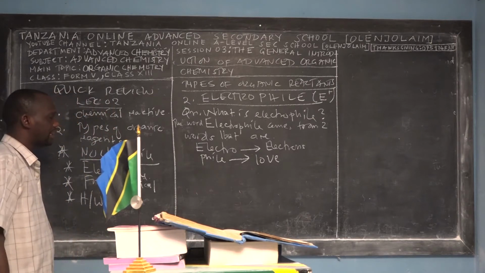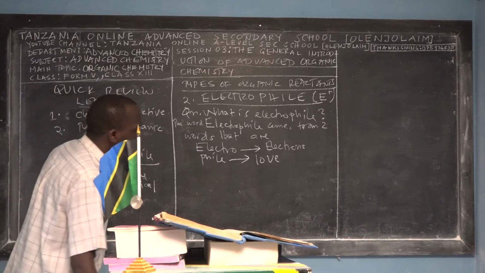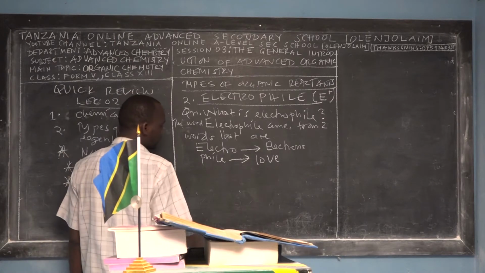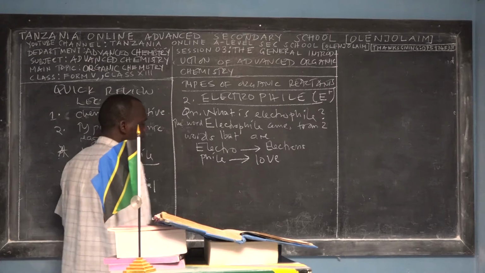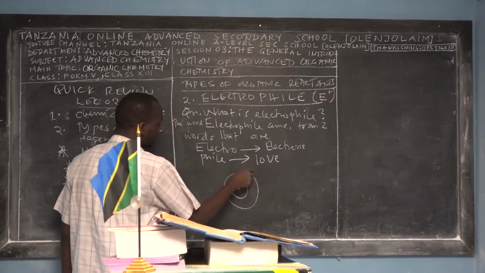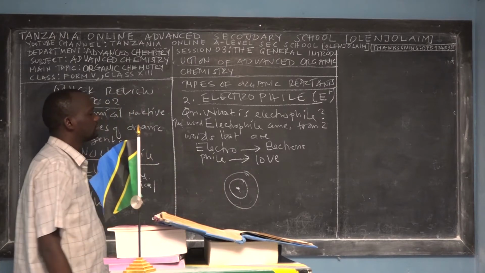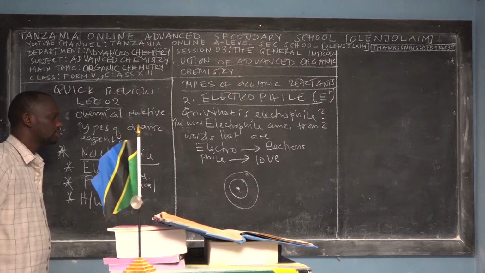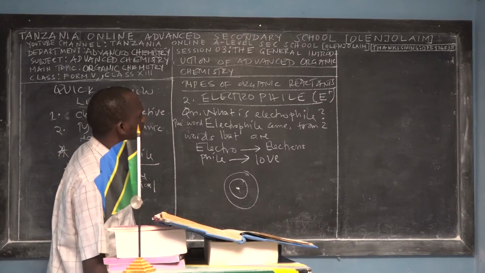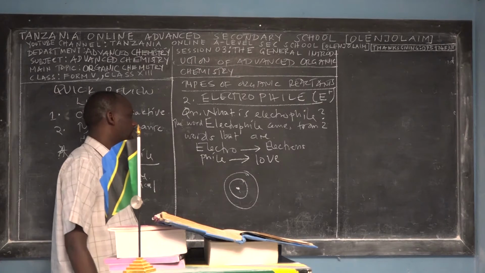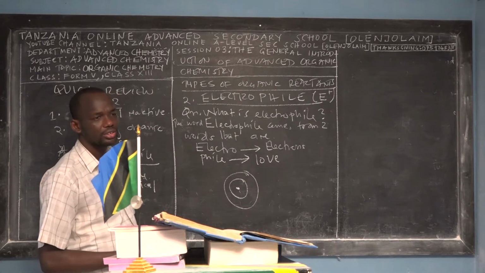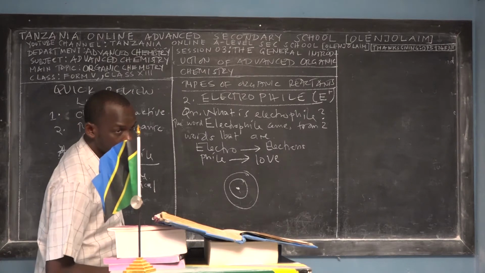So where do you find electrons? In the atom, electrons are always found in the shell, while protons are found in the nucleus. So this is a chemical species which loves so much to receive electrons.